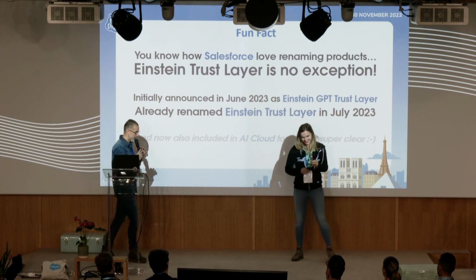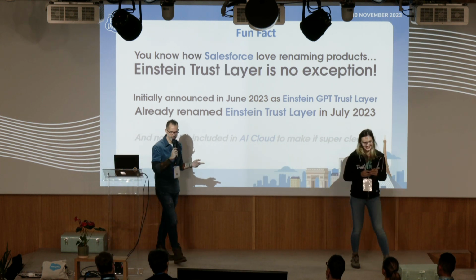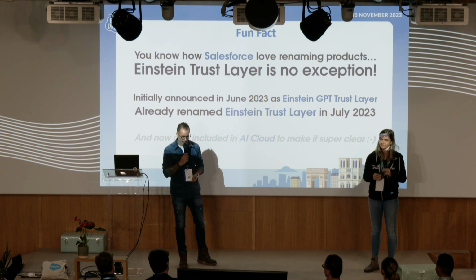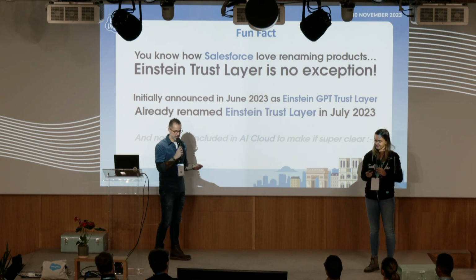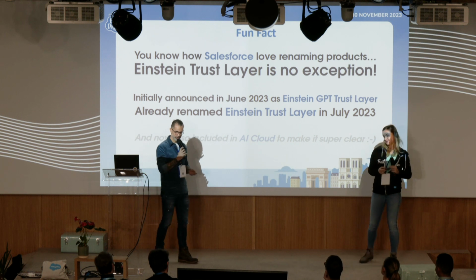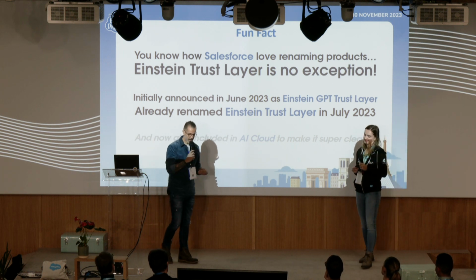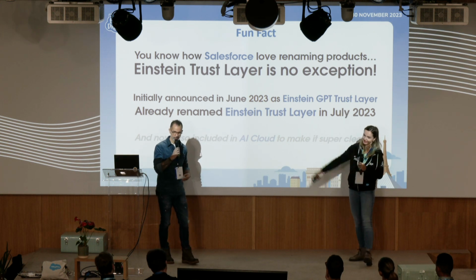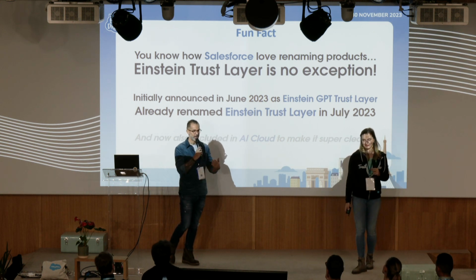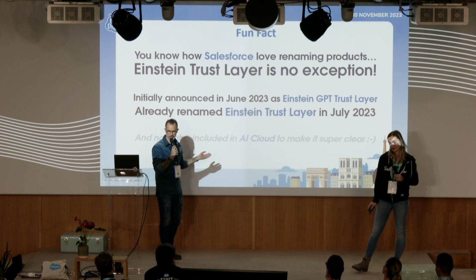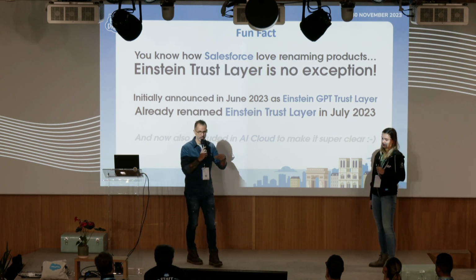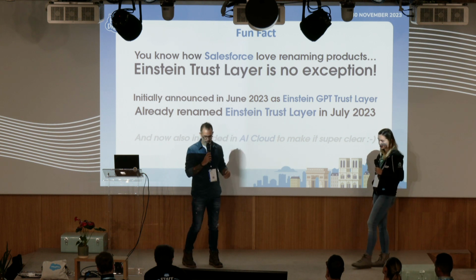Yes, and last thing, because it has been mentioned in the keynote, Salesforce loves to rename products, right? So it's not because the Einstein Trust Layer is new that it does not have that privilege too. It was announced in June as the Einstein GPT Trust Layer, and in July already renamed Einstein Trust Layer, which is good because with GPT, you might think it is a GPT feature, which is not.